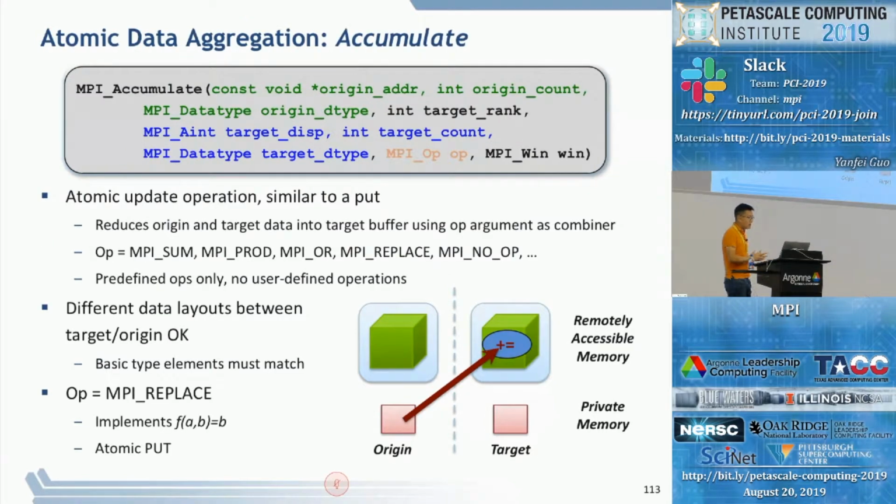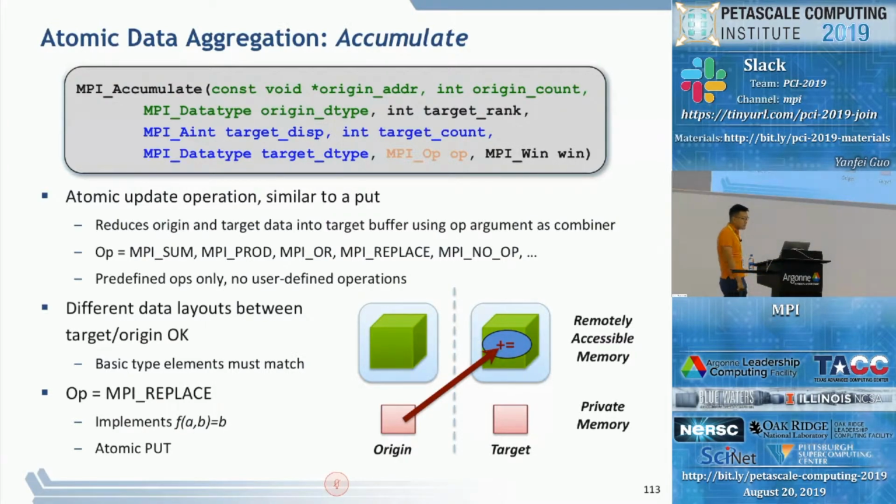Okay. So next we're going to talk about the atomic operations. First is accumulate. Accumulate is basically: I have some data in my origin address, and I'm going to do some operation and accumulate it onto a remote buffer.